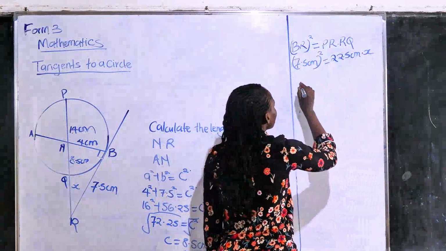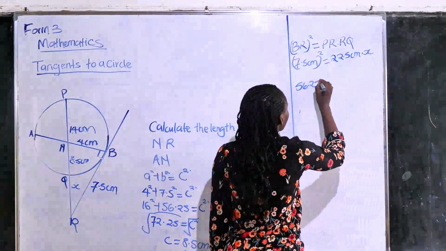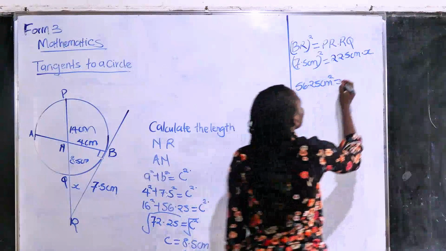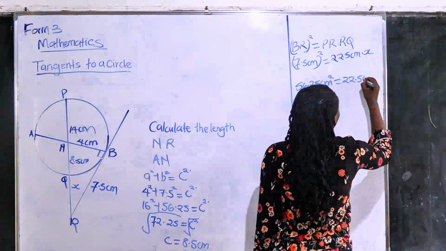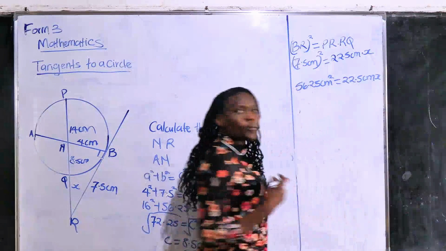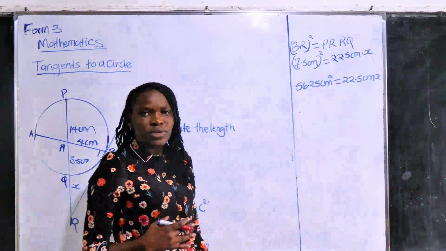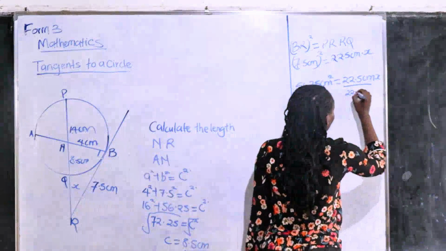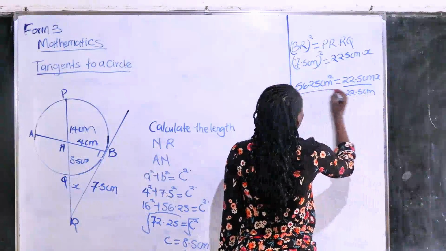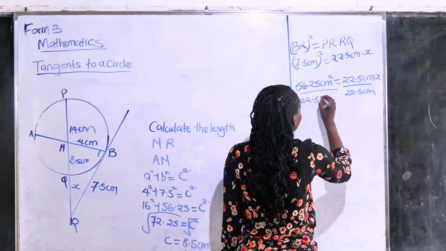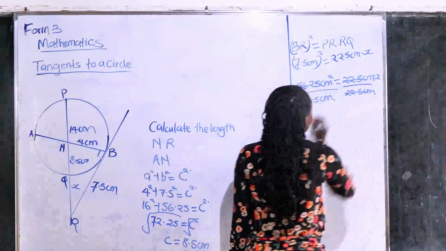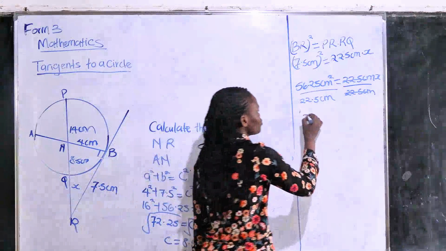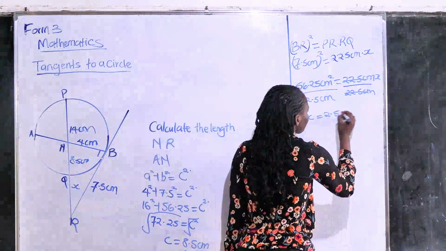Now I will have 56.25 centimeters squared is equal to 22.5 centimeter times x. For me to find the value of x, I'll divide both sides by 22.5 centimeter. When I cancel it out, I'll find x to be 2.5 centimeter.